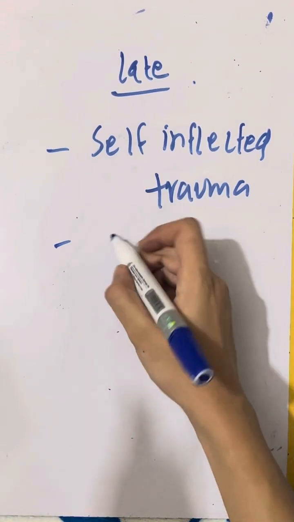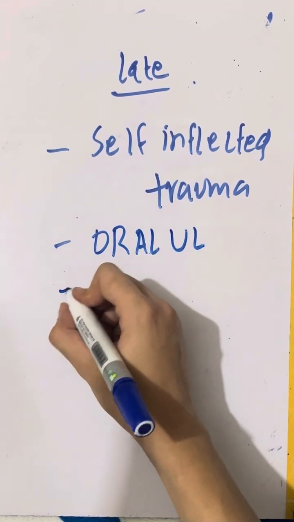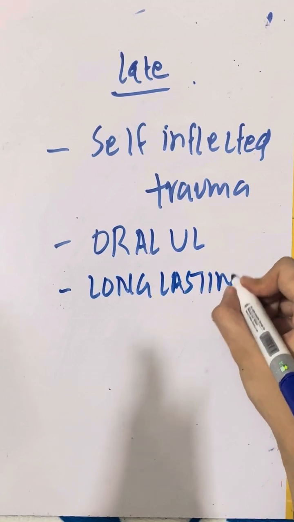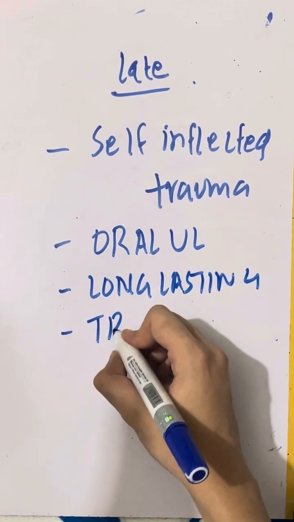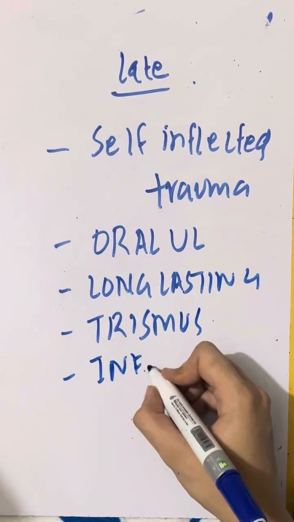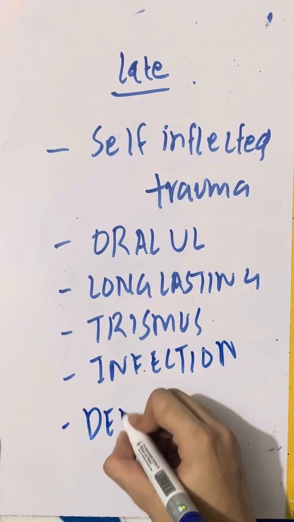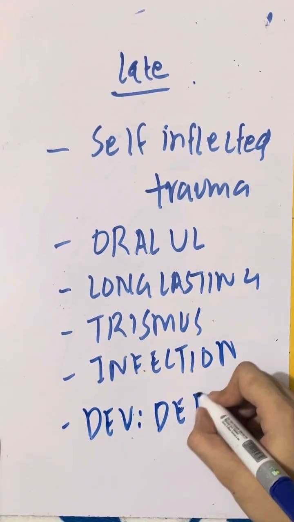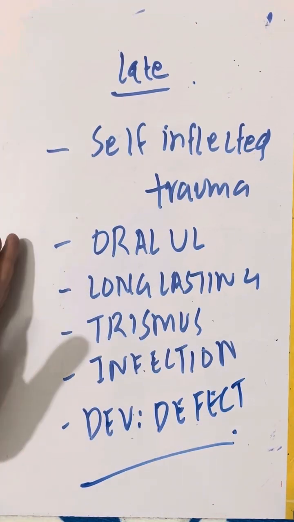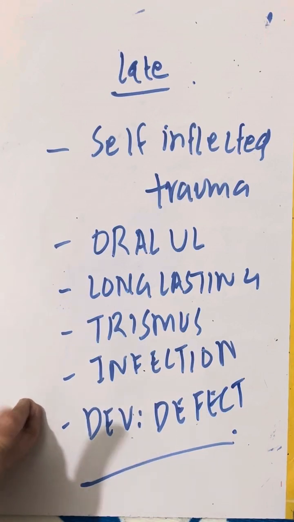Self-inflicted trauma, oral ulceration, long-lasting anesthesia, trismus, infection, and developmental defects. These are the late complications of local anesthesia.